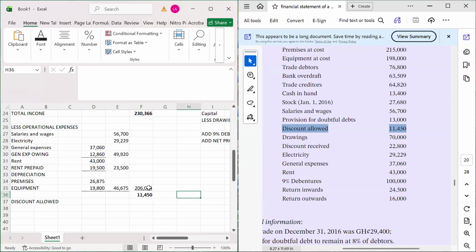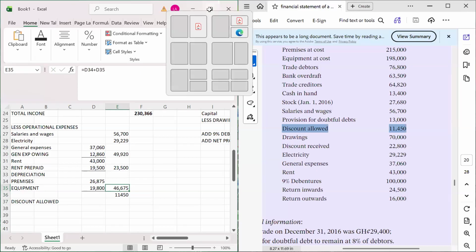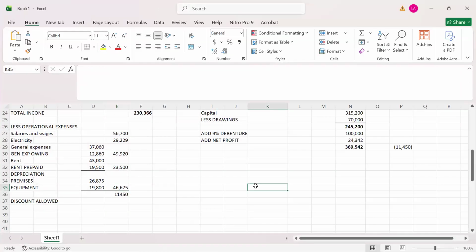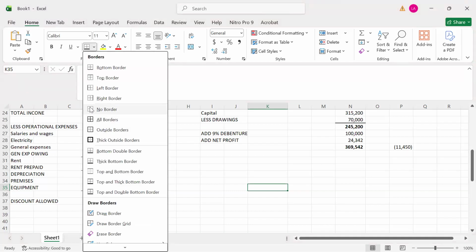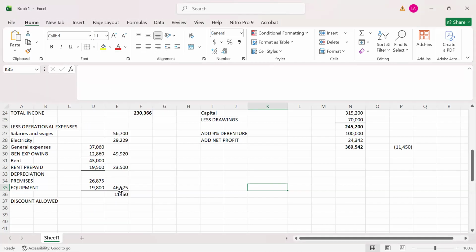Okay. So, it's supposed to come under this side. 11,000. In that case, this line will not be there. We will take off this line because we are adding something to it. I hope you are getting it.